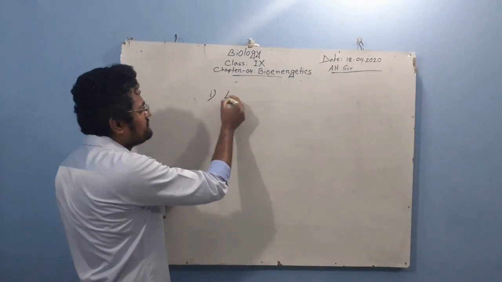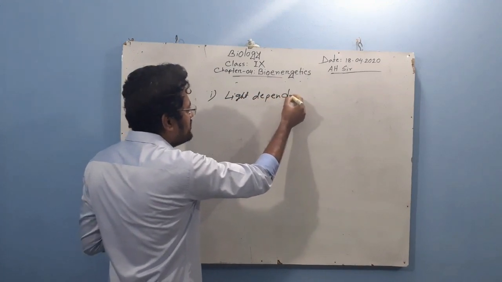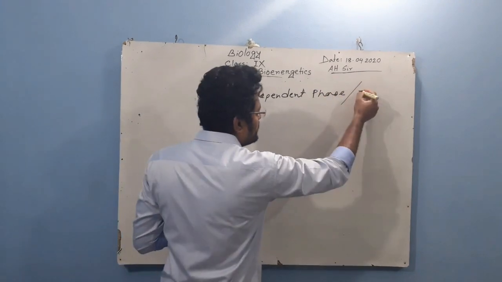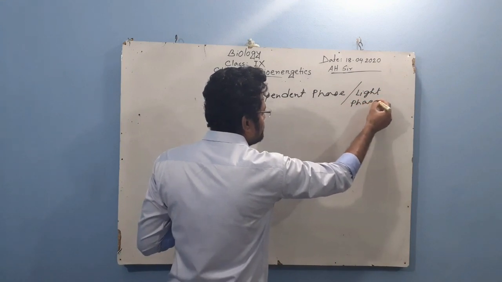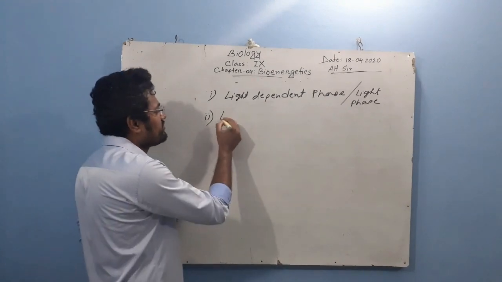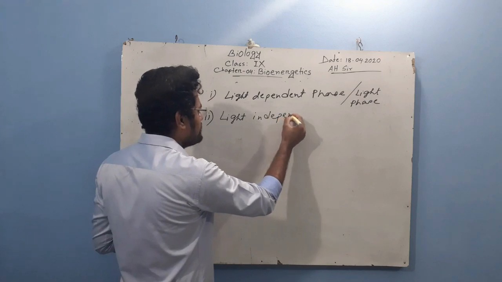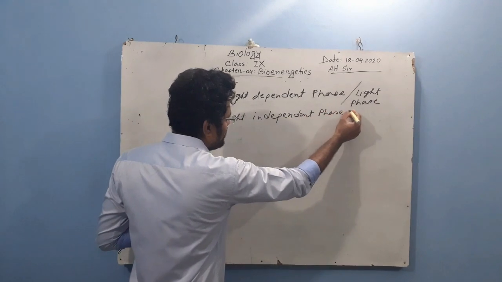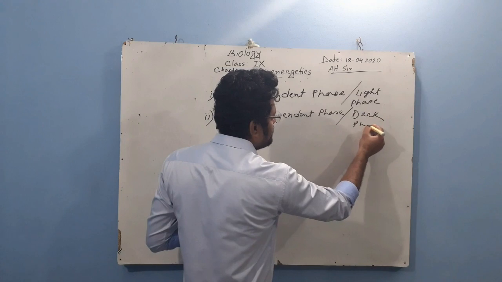One phase is named the light dependent phase, or we can say light phase, and the second phase is called the light independent phase, or we can say dark phase.